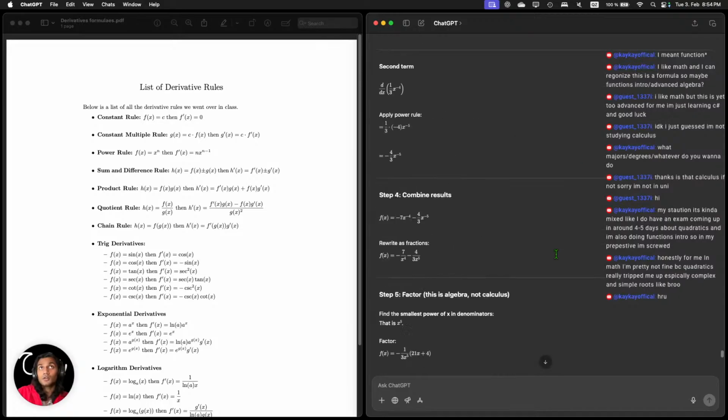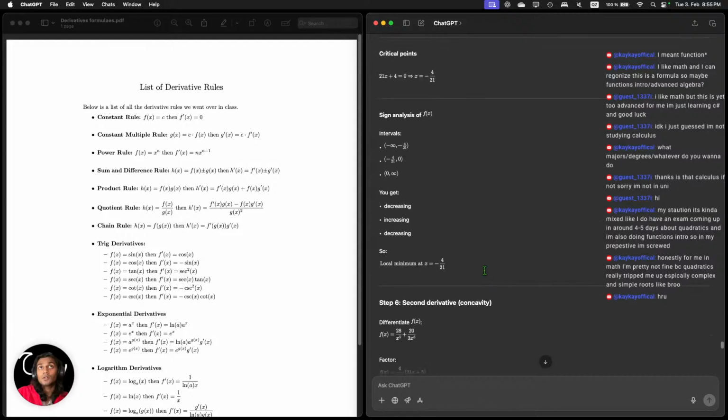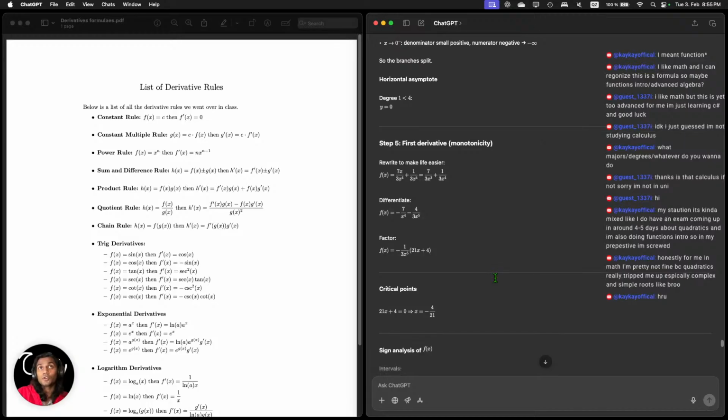Okay. So after the first derivative, we have to look into the critical points. And we only use this for the critical points.